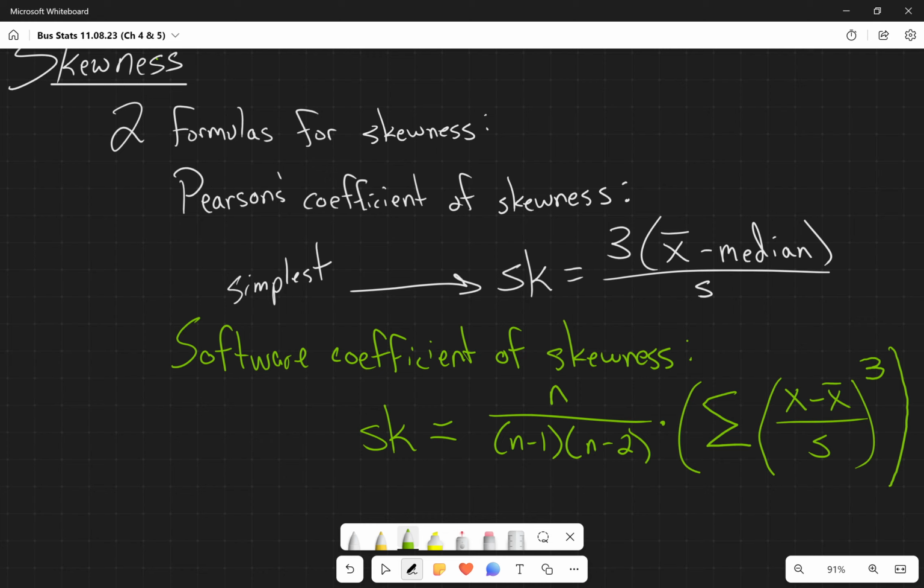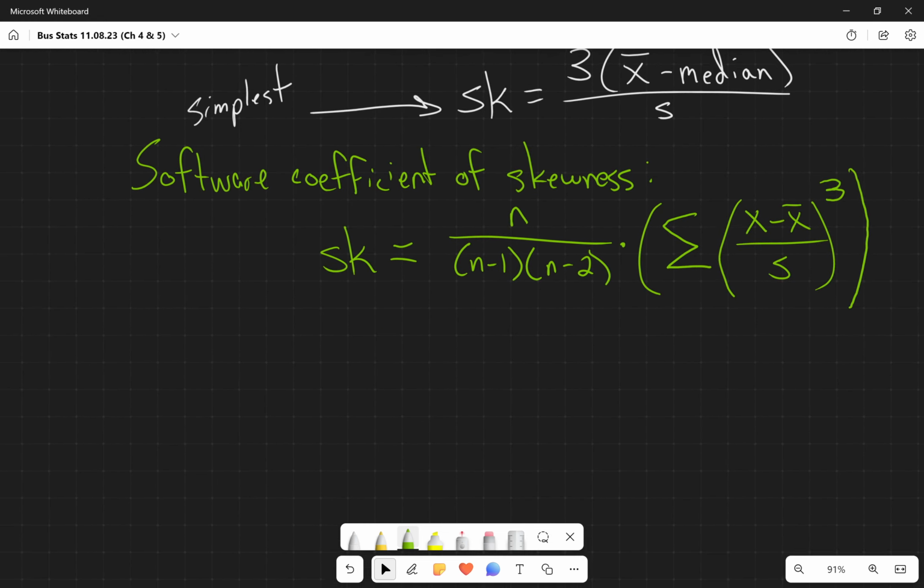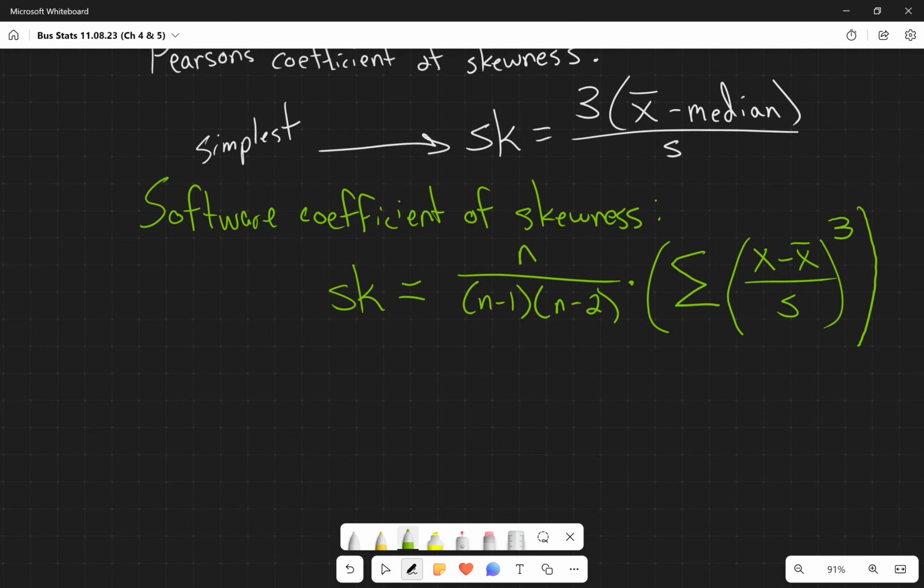So we're not going to do an example of this right now. You are asked to do an example of both in the homework, and they are pretty straightforward, especially the simple Pearson one.